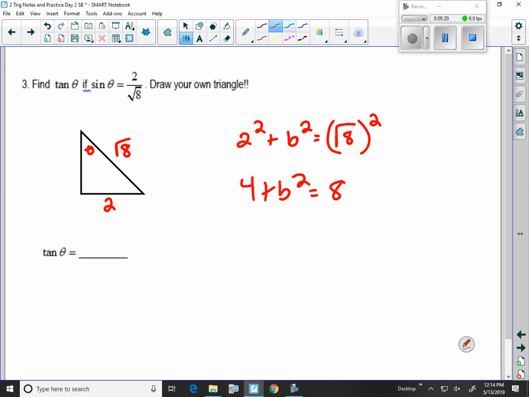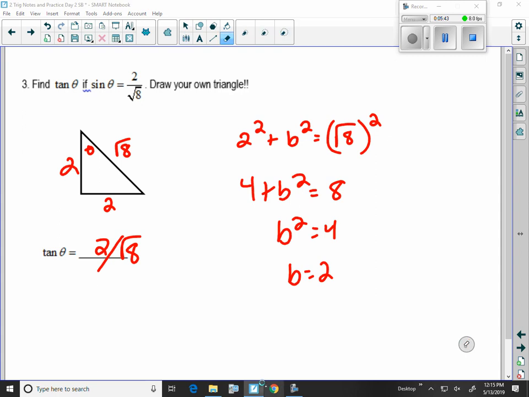Okay, if it already has a square root on it, you just get rid of the square root and keep the number. Subtract our 4, take the square root. This side is also 2. Now, what's our tangent of theta? 2. Oh, sorry.